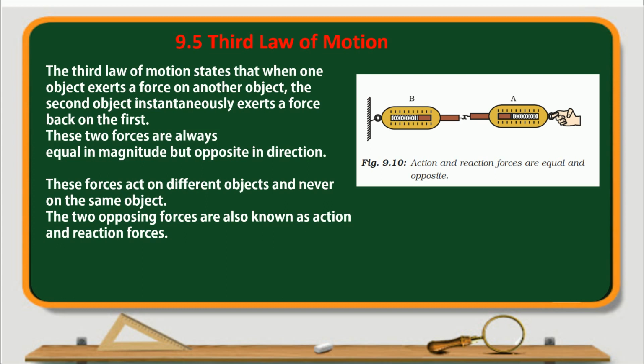Then, at the same time, the second body applies a force on the first body, in the opposite direction, from the second body to the first body. But the magnitude of both forces remains the same. You have to understand this very well.